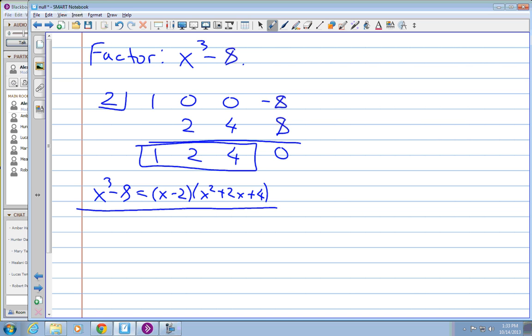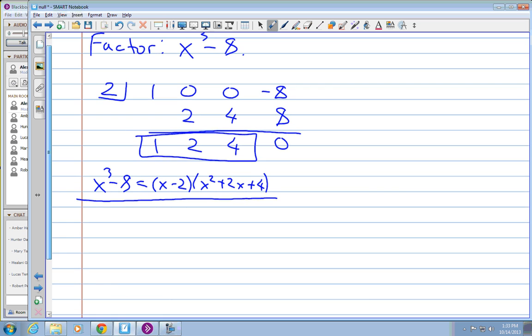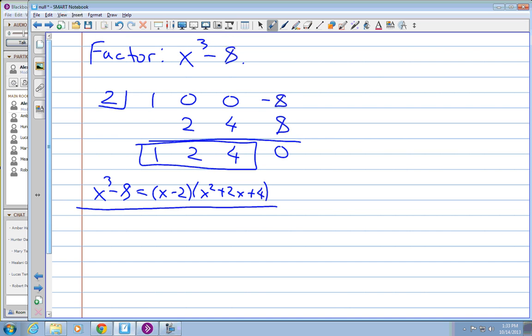If you have it in that form, you can always find that real 0. Real 0 is an easy one to find. Even if you set it equal to 0 and solve for x, you have to cube root it to get 2.